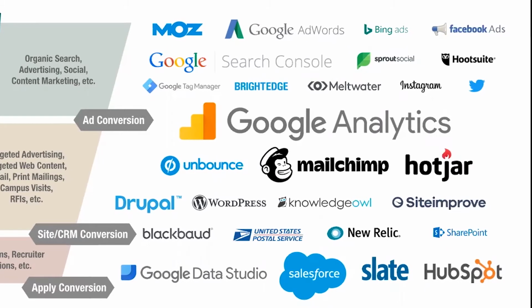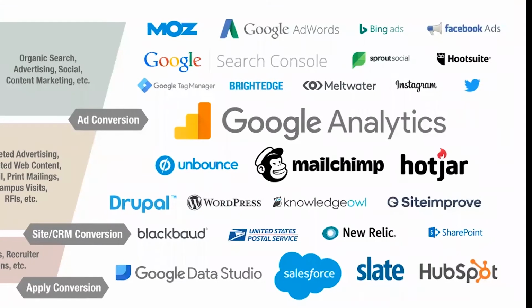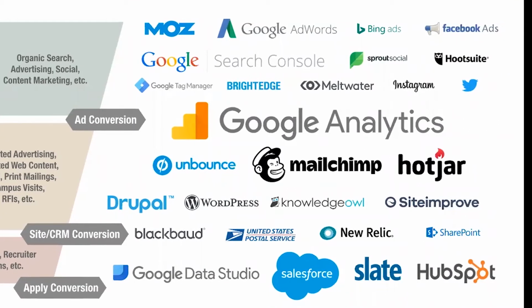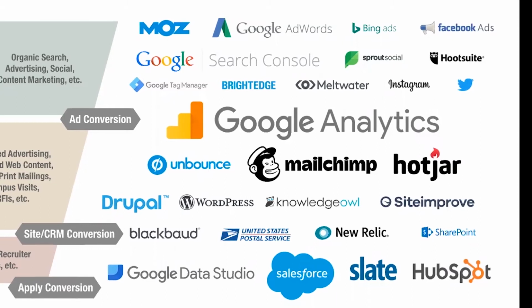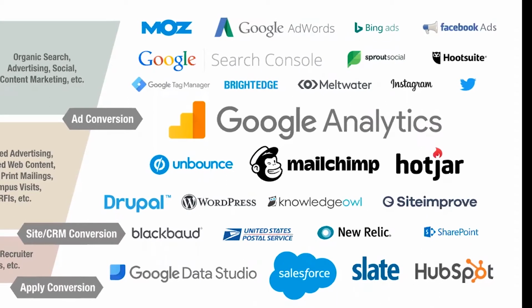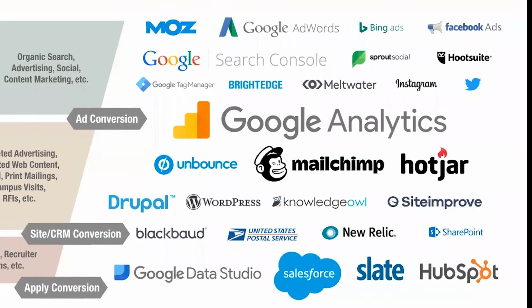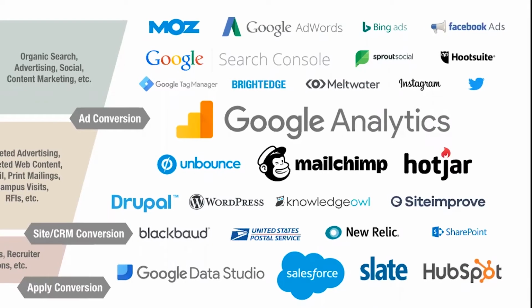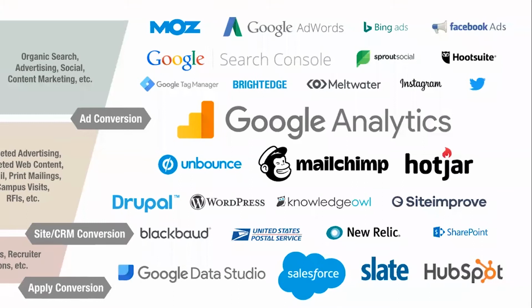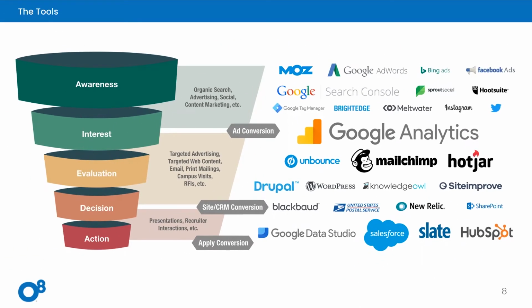We also have mail and print pieces that a lot of families really rely on quite heavily throughout the recruitment process. And then we, of course, have internal tools like SharePoint for intranets, as well as the big data pools around Salesforce, Slate, HubSpot, your CRM. So the big question here is, how do we capture all of the data that these tools are gathering, make sense of it, and then piece it together to get a picture of the full user experience from the top of the funnel down to the bottom?